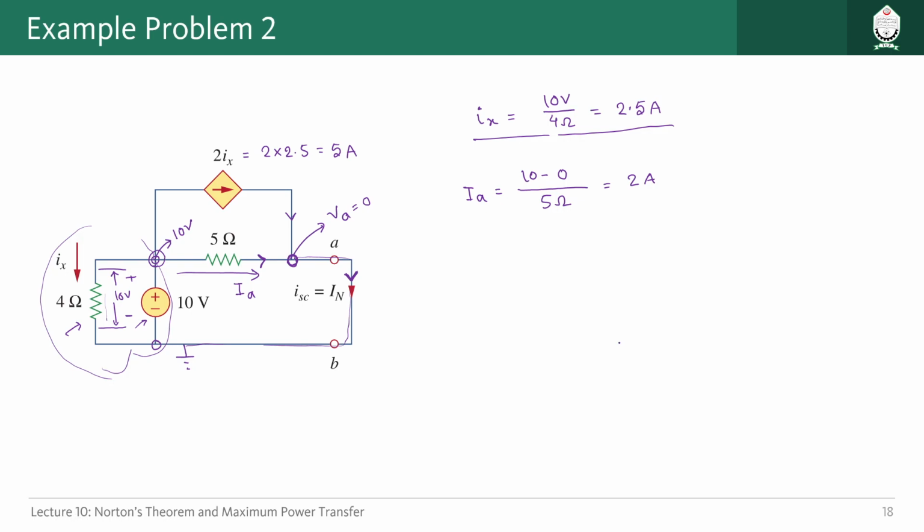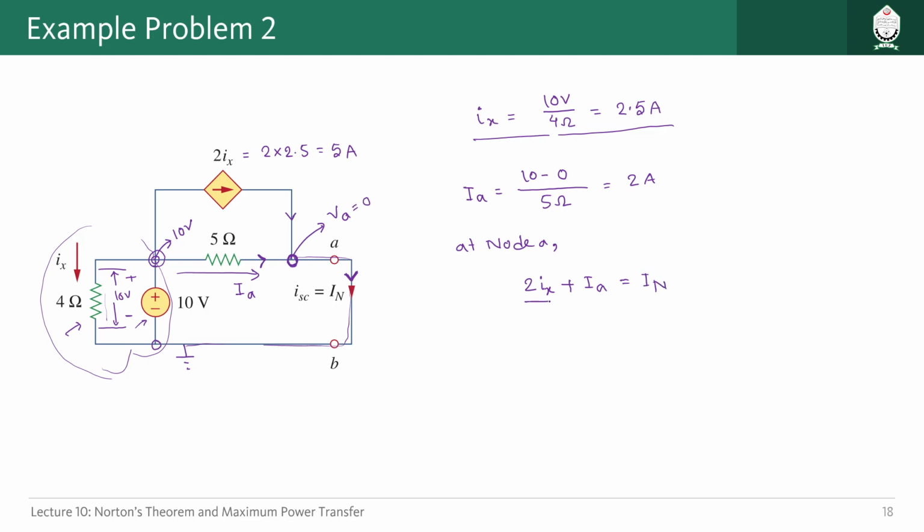And now we can apply KCL for this node, node A. At node A, we will have 2Ix current flowing in plus this IA current flowing in. The current going out is IN.